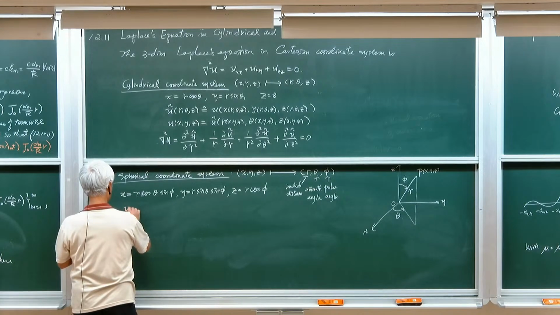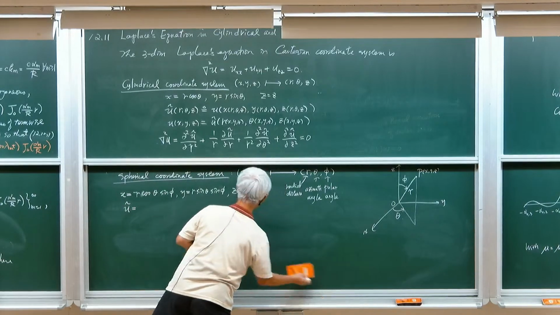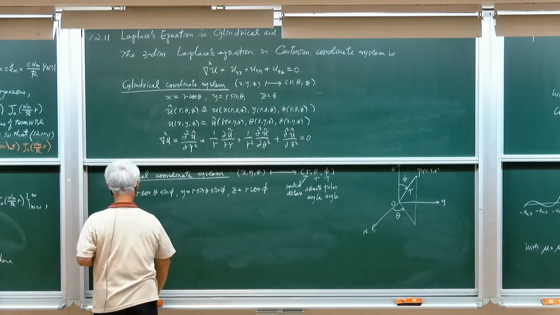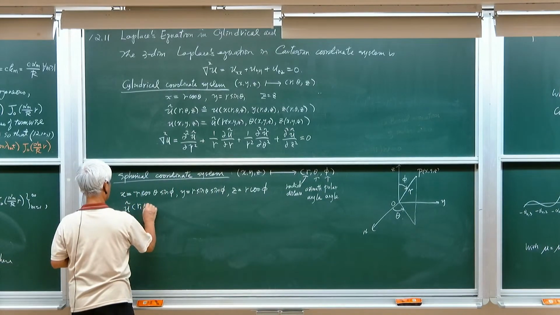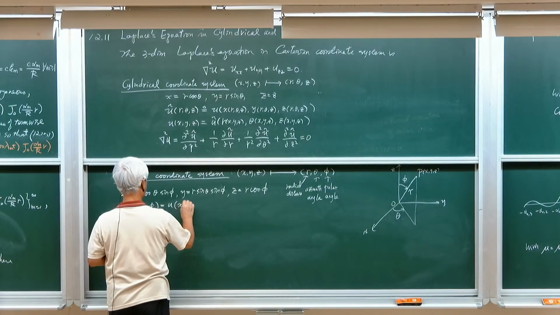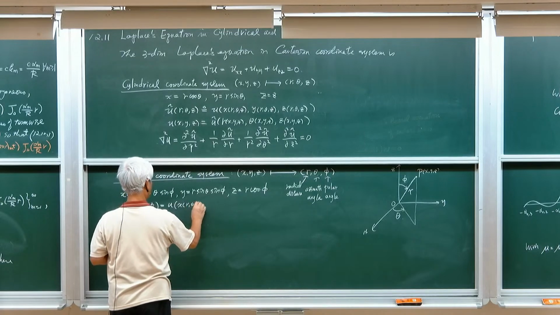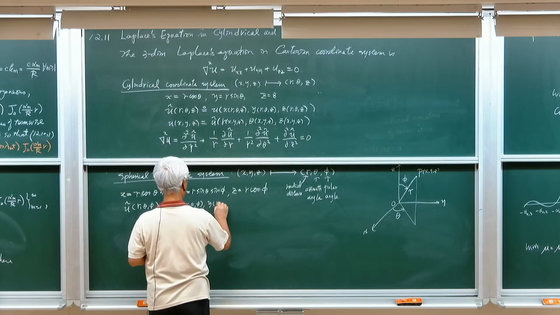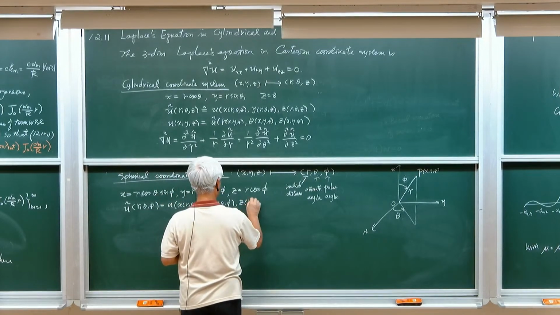And once again, we define a new function, u tilde of r, theta, and phi, equal to u of x(r, theta, phi), y(r, theta, phi), z(r, theta, phi).